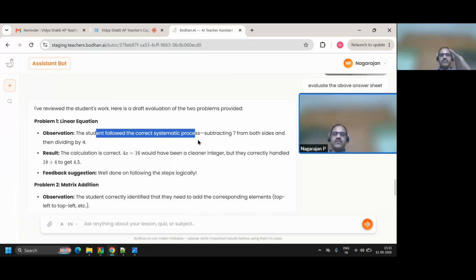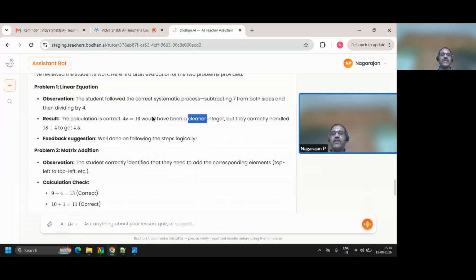Step by step he has written correctly. Subtracting 7 from both sides. Good. But the student's calculation is correct, though it would have been a cleaner integer, but they have correctly handled 18 divided by 4 to get 4.5. Steps are correct. It has written the steps.